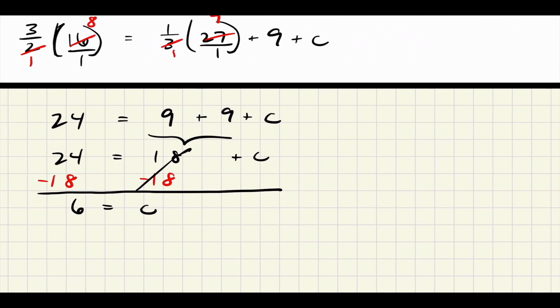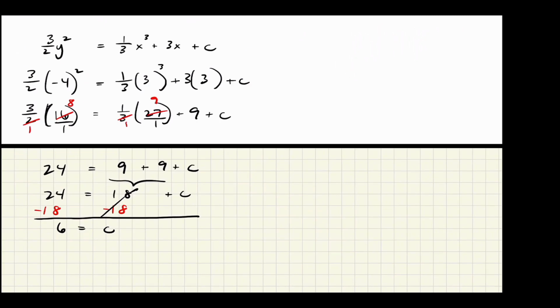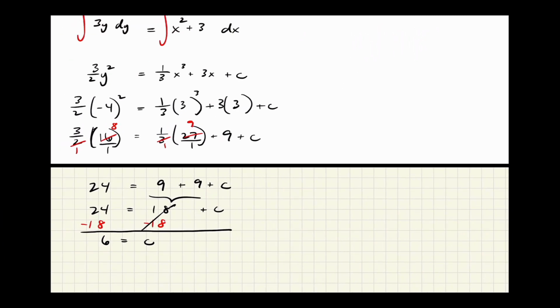C equals 6. Sometimes you'll get a fraction for c. It's not wrong. It's not necessarily wrong. Sometimes you won't. This time we did. So now I'm going to go over here.